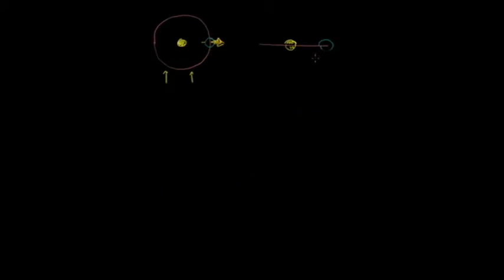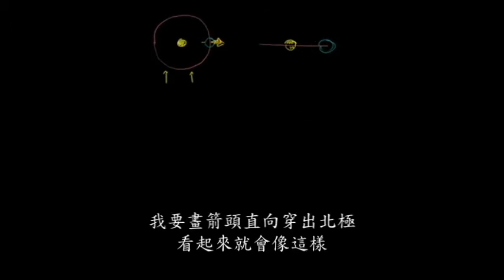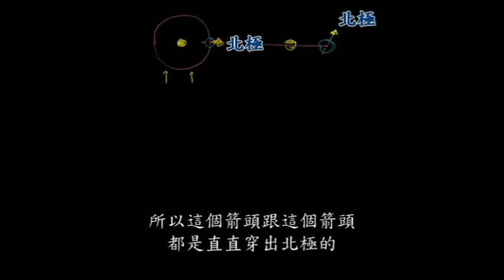If I were to draw an arrow pointing straight out of the North Pole, it would look something like this. So this arrow and this arrow, they are both popping straight out of the North Pole.